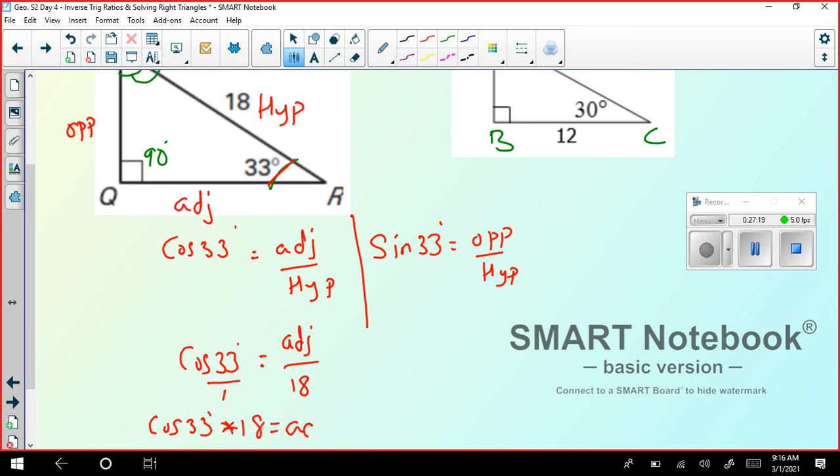You can once again use your calculator. Make sure the mode is in degrees and not in radians. So cos 33 degrees times 18. If I do that, I get 15.096. So adjacent is 15.096.